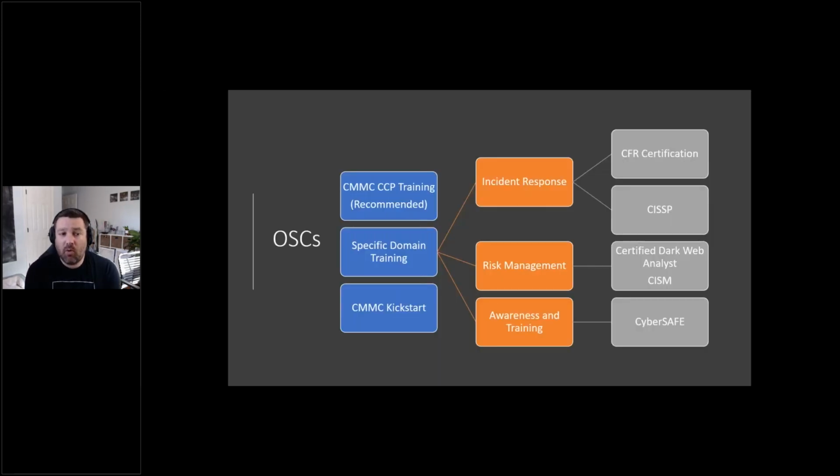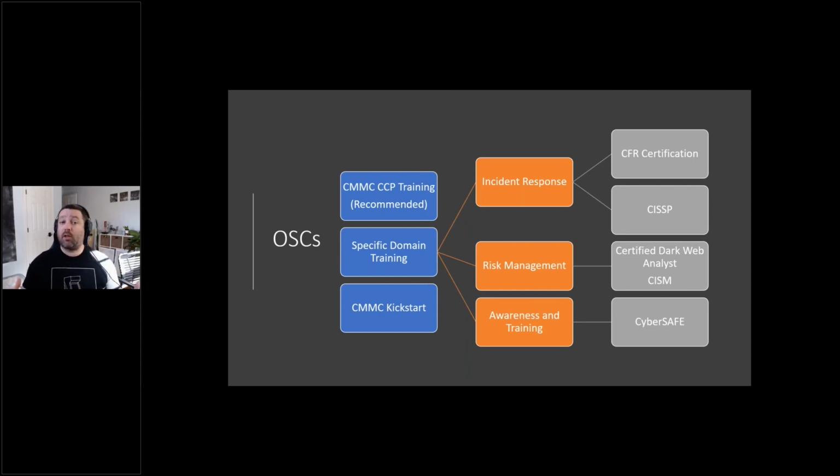So if you are an organization that is seeking certification, here are the 3 things that I can recommend you start investigating right now. Number 1, if you have IT staff on premises, if you do the majority of your IT work in-house, you may want to get an individual trained up on CMMC.